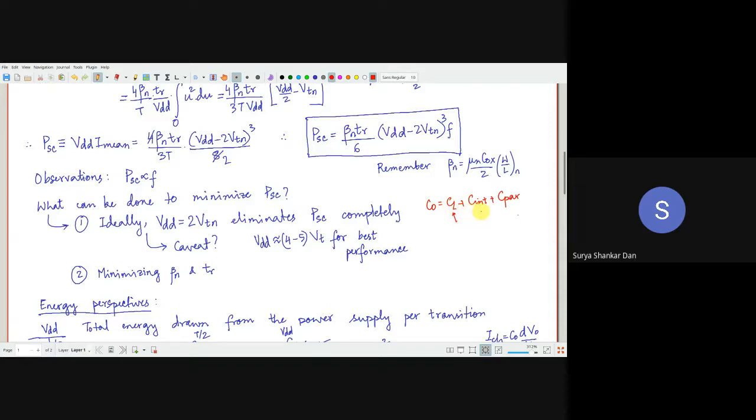But as an IC designer, you can do something about the internal capacitances and the parasitics, which we will see in the later part of this course itself. Okay, so what you have to do, you discuss among yourself, and in the next class you have to explain technically what are the problems if you put VT equal to VDD by 2.